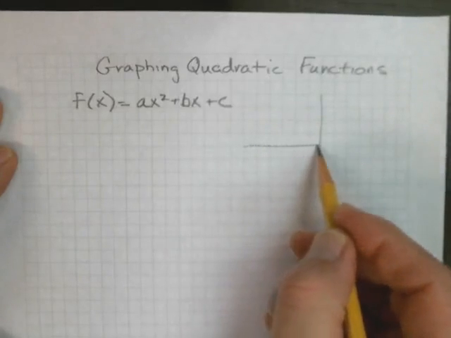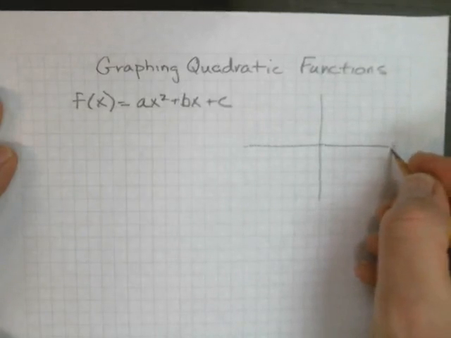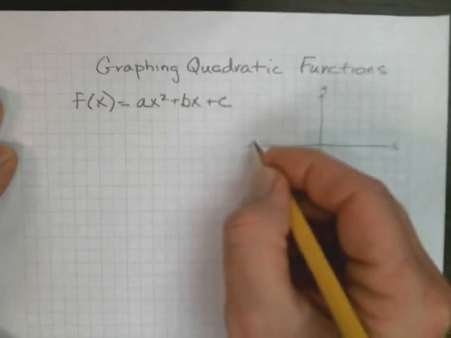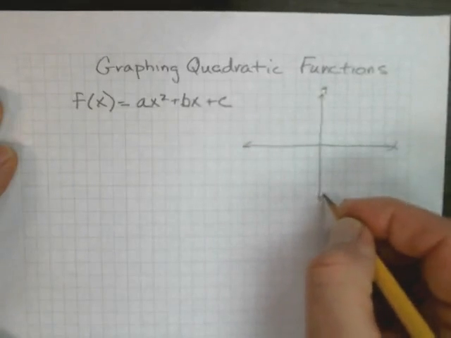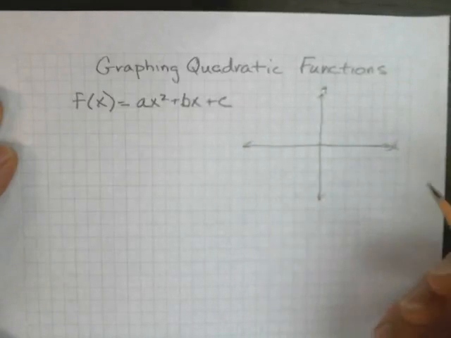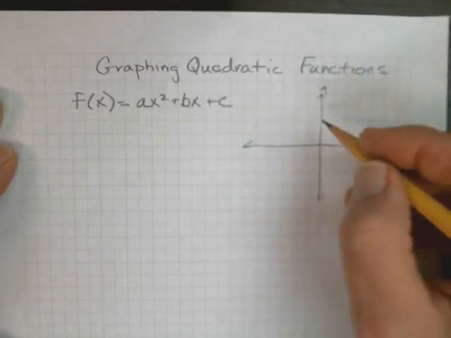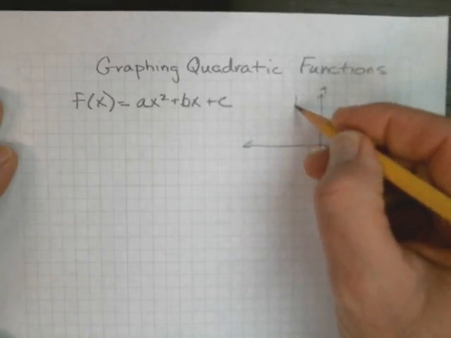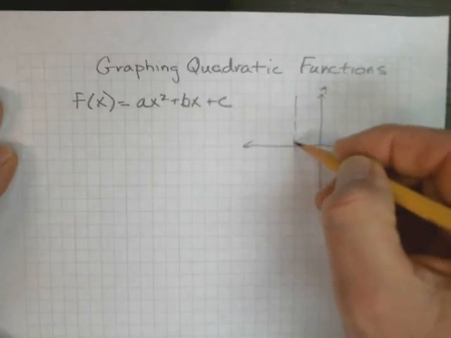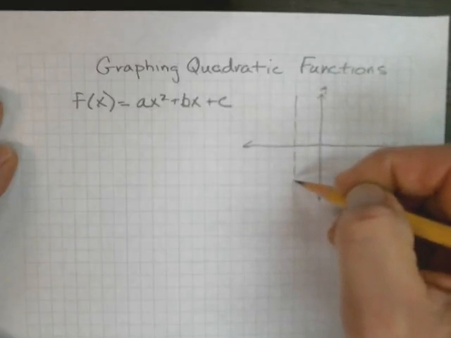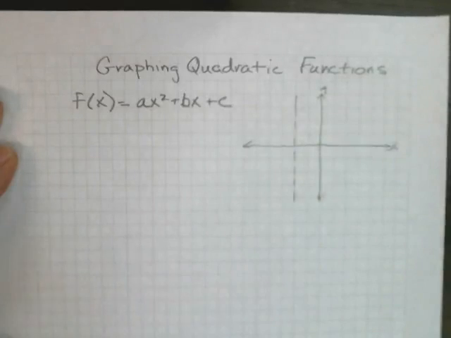And so here's my x and y axes, so x axis, y axis, and if I look here, they're going to be the same on both sides of something we call the axis of symmetry. So let's say my axis of symmetry went down through here as x is equal to -2.